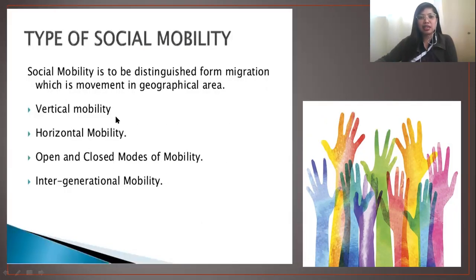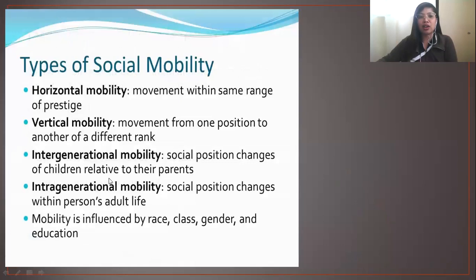Social mobility is to be distinguished from migration, which is movement in geographical area. So it can be vertical mobility, horizontal mobility, open and closed modes of mobility, and intergenerational mobility. Horizontal mobility is movement within the same range of prestige.